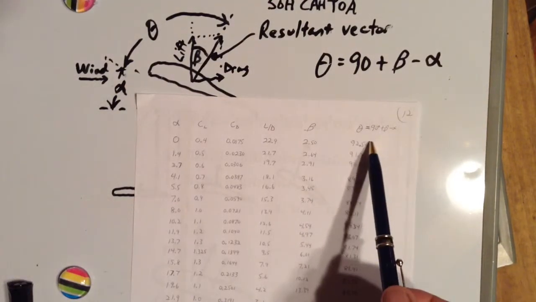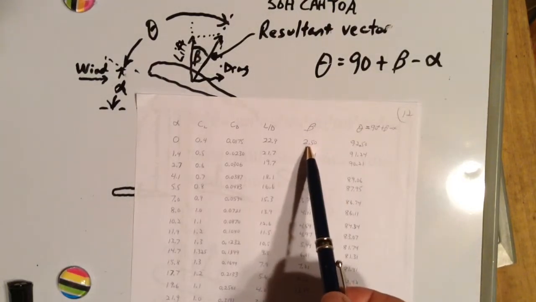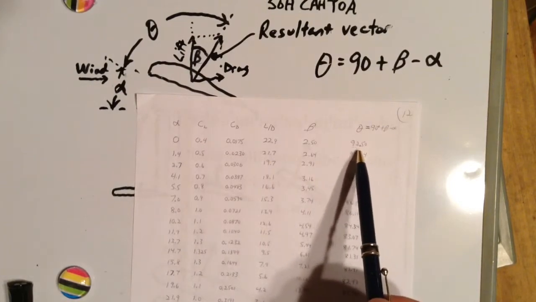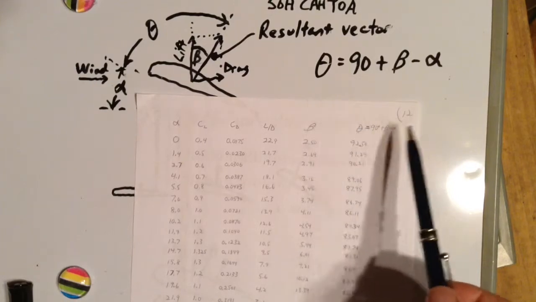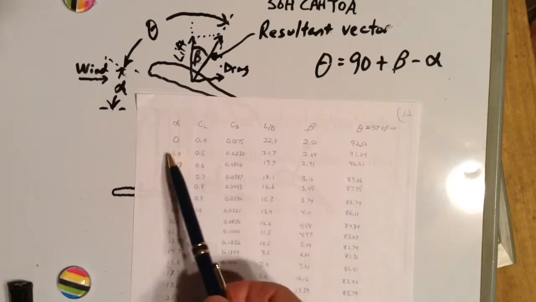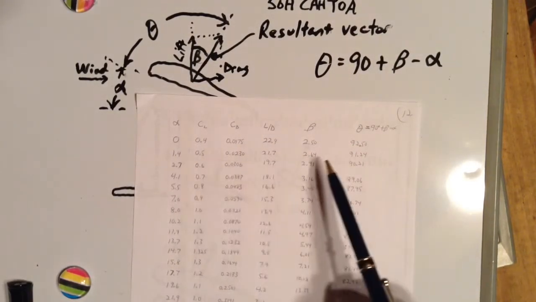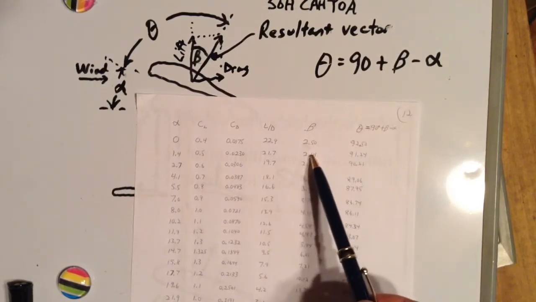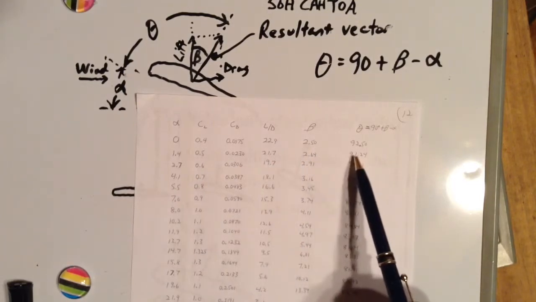So let's just figure out what theta is. 90 plus beta, 92.5, minus alpha, which is 0, gives us a 92.5 angle for theta at our 0 degree angle of attack. And as we increase our angle of attack, at a 1.4 degree angle of attack, we'll see that theta is equal to 90 plus 2.64 minus 1.4, which is 91.24.